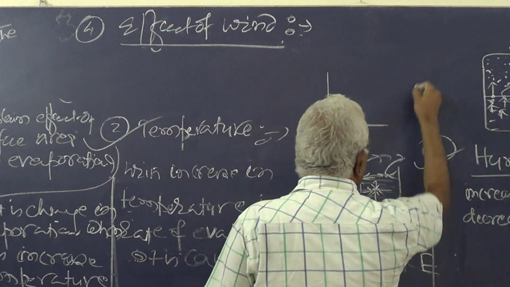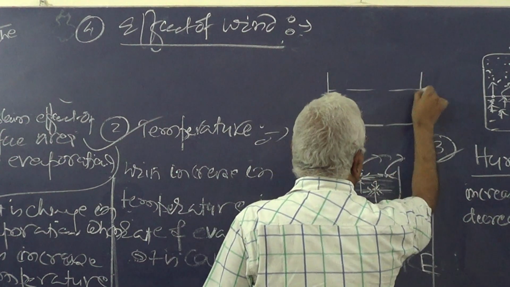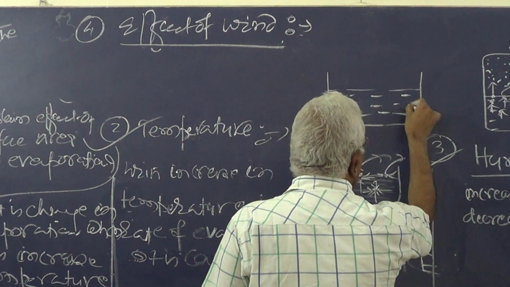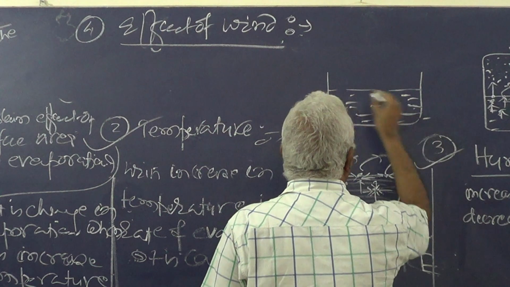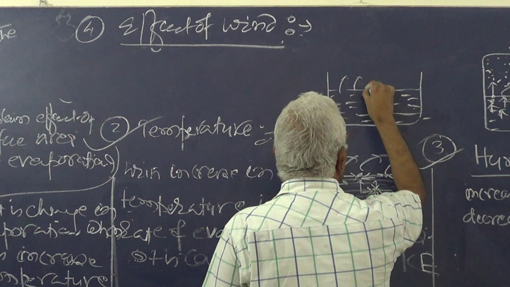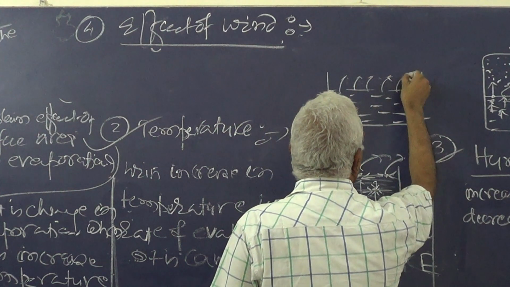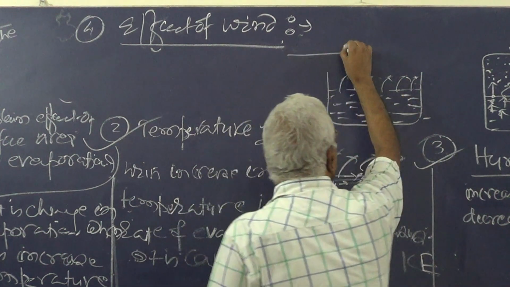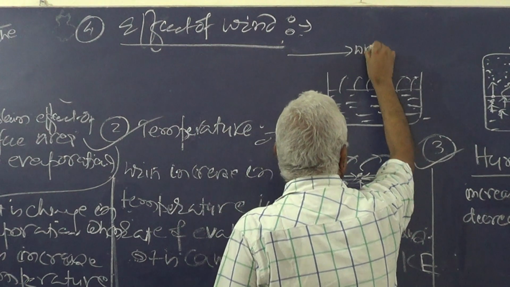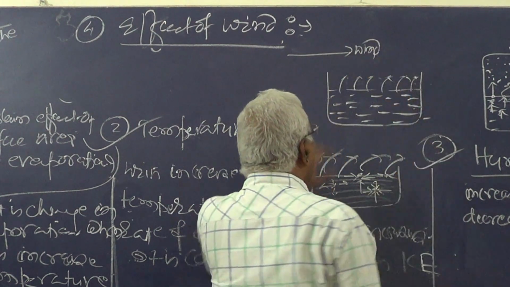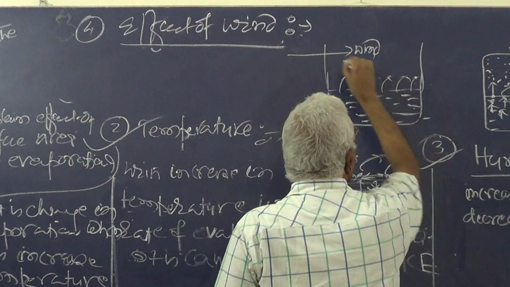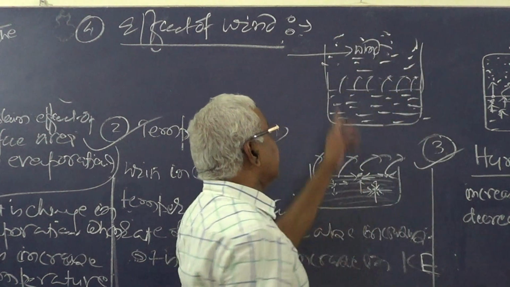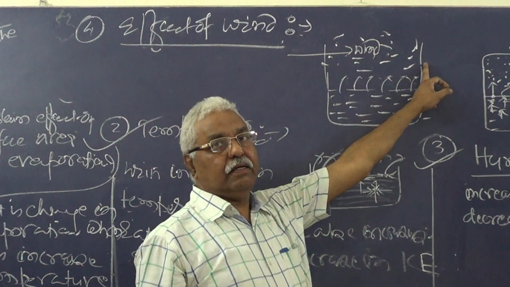Now take the open container example. Here is the same case again. These are the water molecules, and evaporation is always taking place. Here a molecule is escaping. Then what happens? The wind takes away the humidity.